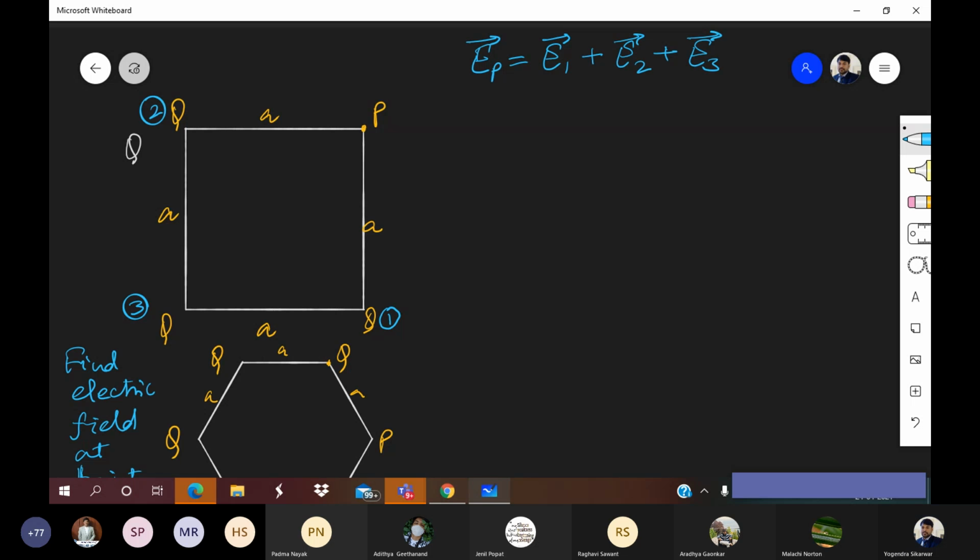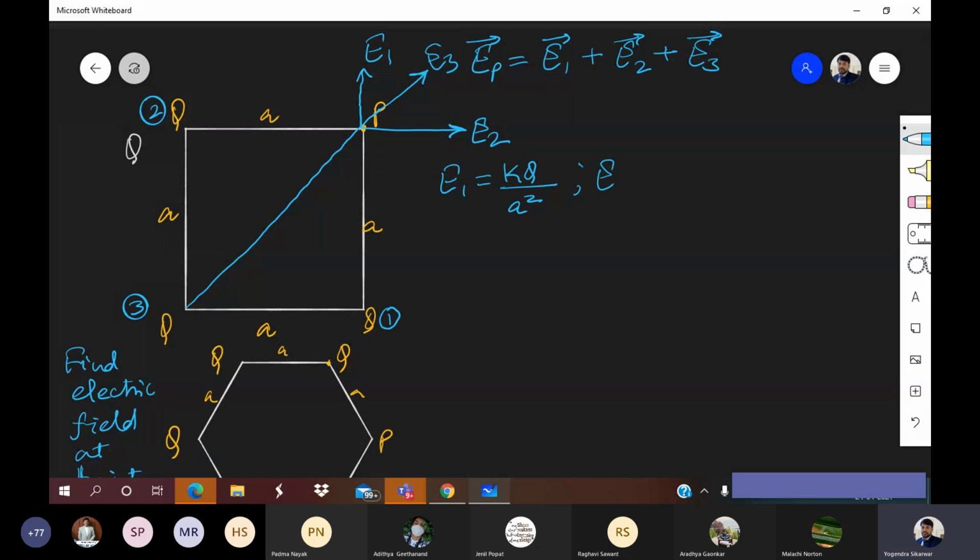Now E1 will be due to 2, E2 will be in this direction, and due to 3, E3 will be in this direction. Okay. Now let us talk about the magnitude of E1, E2 and E3. So E1 will be KQ by A square.